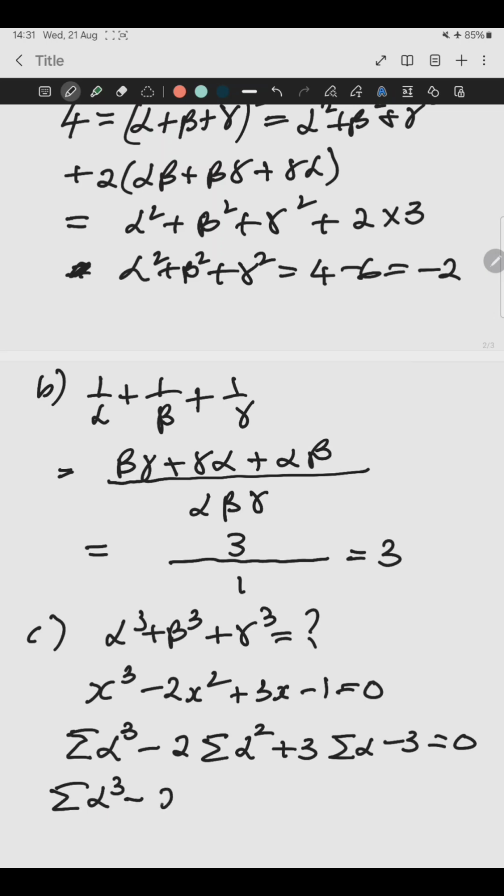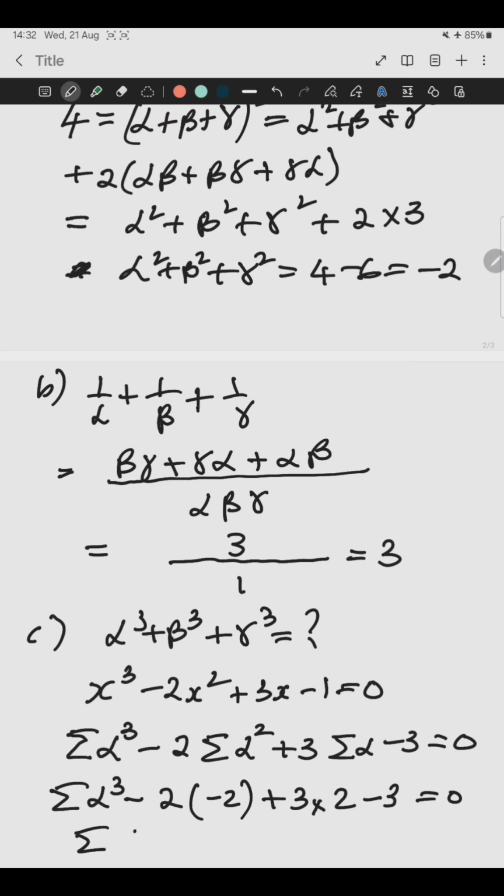Right, so sigma alpha cubed is minus twice sigma alpha squared, and that was minus 2, plus 3 times sigma alpha. Sigma alpha is 2, and then minus 3 equals 0.